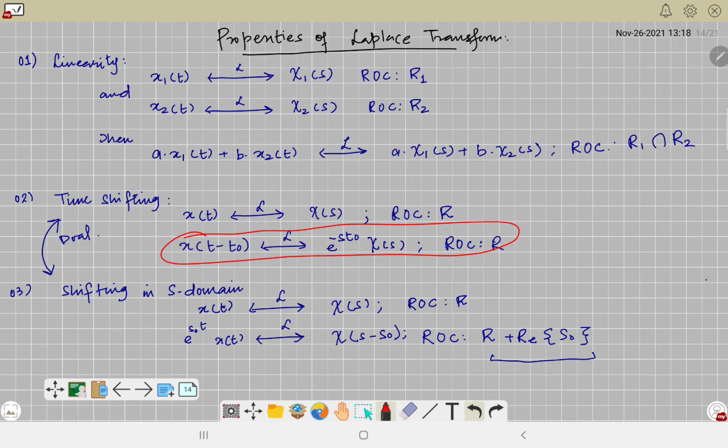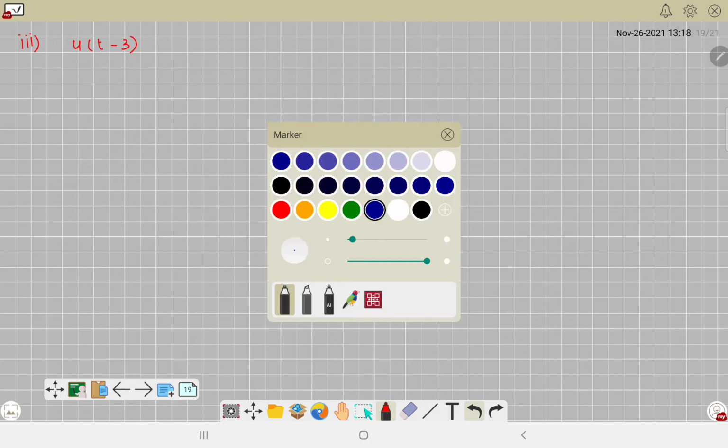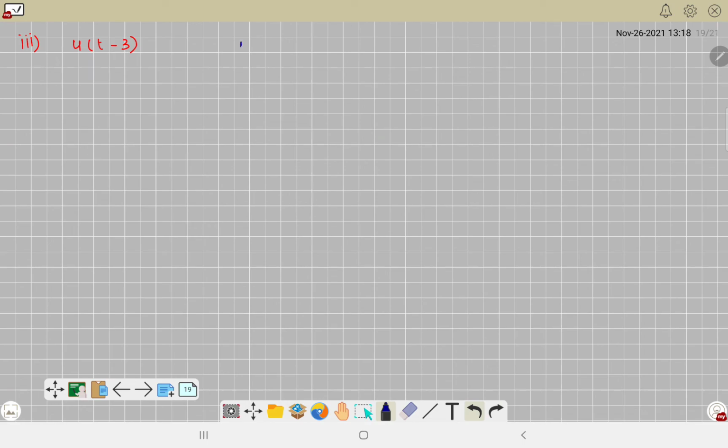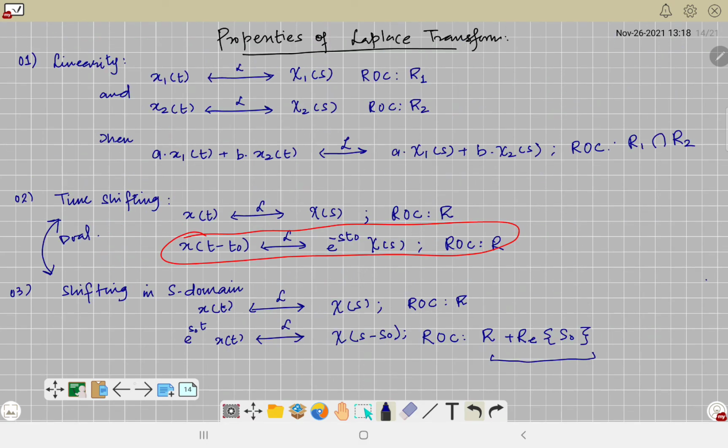Fine. So if I apply this property here, we know that u of t has a Laplace transform of 1 upon s with region of convergence sigma greater than 0. So in time shifting, the ROC remains the same.